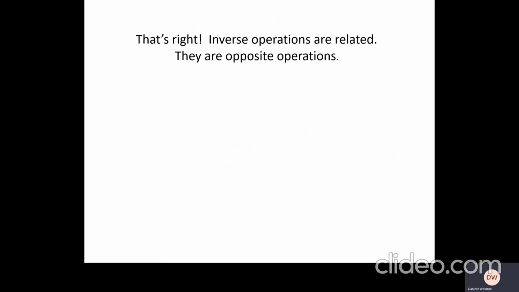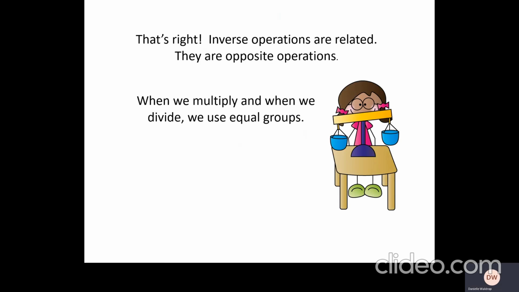If I said up, the opposite would be down. If I said left, the opposite would be right. And so in this one, they're inverse operations because yes, they're related to each other, and yes, they use the same numbers.